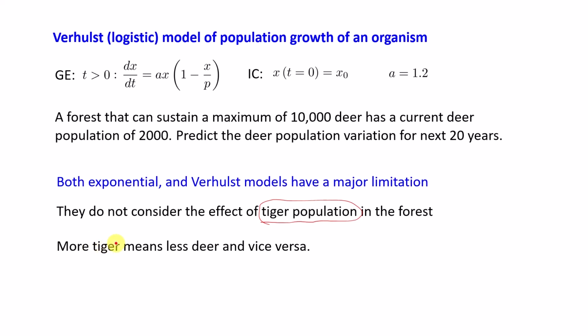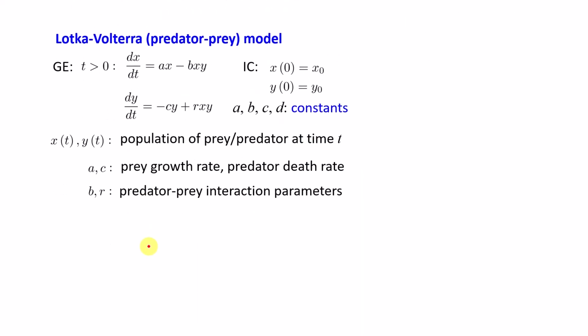This is how the model will go. This is a very funny model. So how can we bring this idea into the picture? Let us see what other models we can have. One of these models is something we call Lotka-Volterra, that is the predator-prey model. The predator-prey model is actually an improvement over the exponential model. Our previous model, the logistic model, was an improvement over the exponential model.